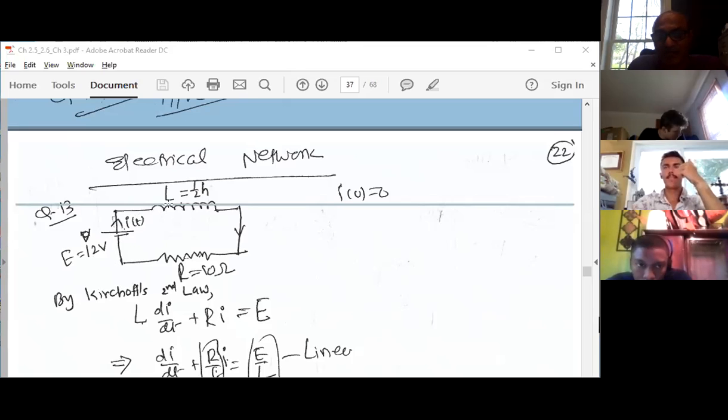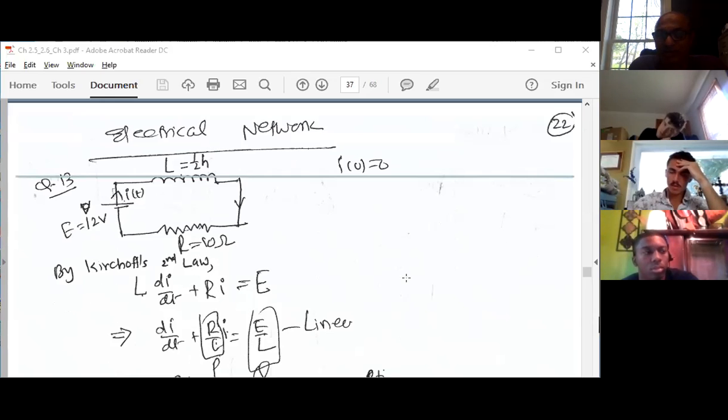The voltage across the resistance is given by R times i. So that is equal to E. Our equation will be L di/dt plus Ri equals E. If you divide by L, you can see that R, L and E are constants, and you get di/dt plus (R/L)i equals E/L.